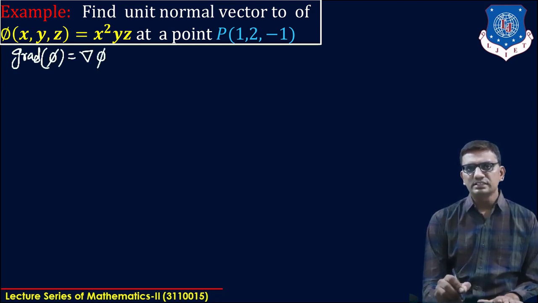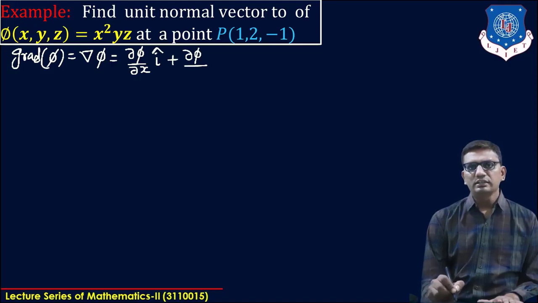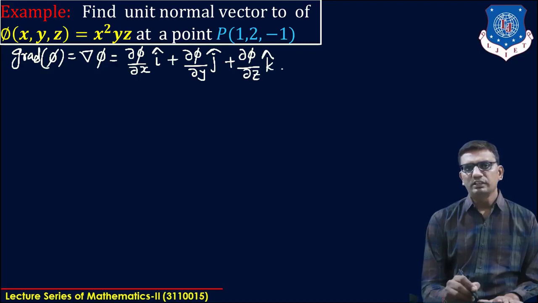It is denoted as del phi by del x i caret plus del phi by del y j caret plus del phi by del z k caret. Now our function is phi equal to x square yz, so we will find the partial derivative of phi with respect to x.